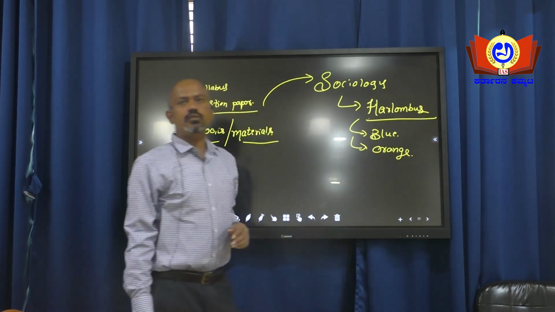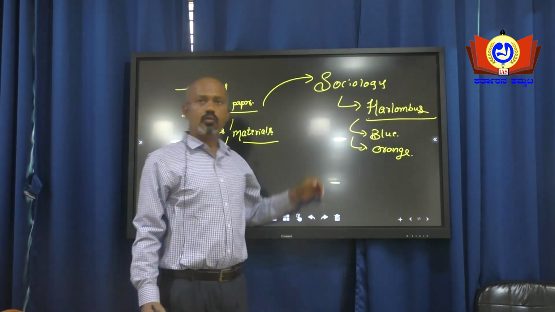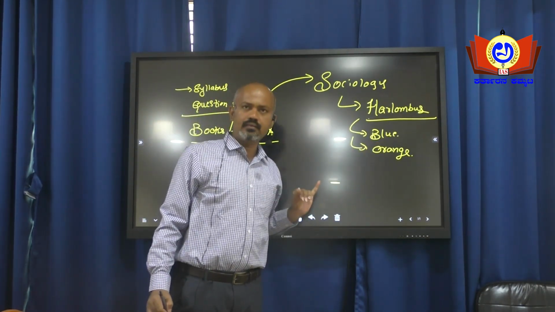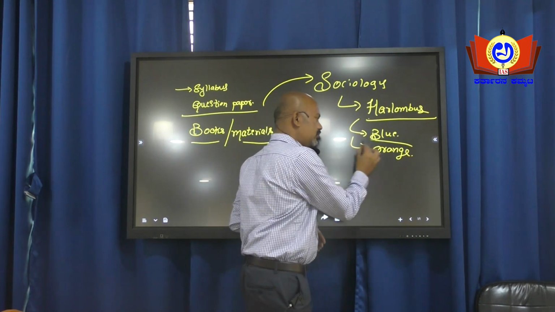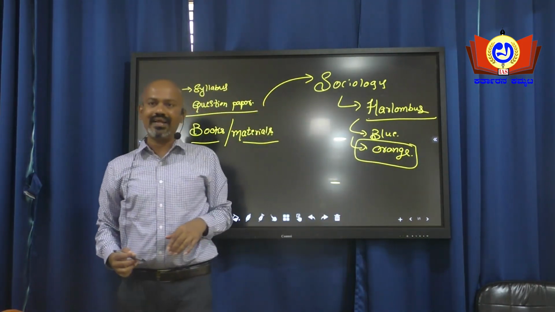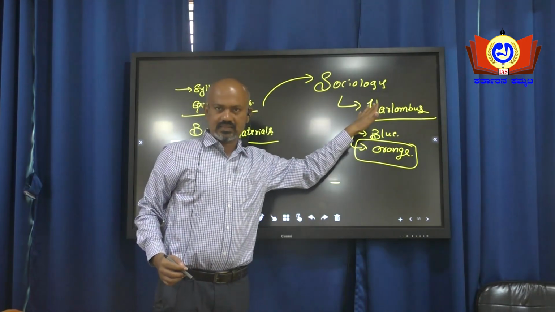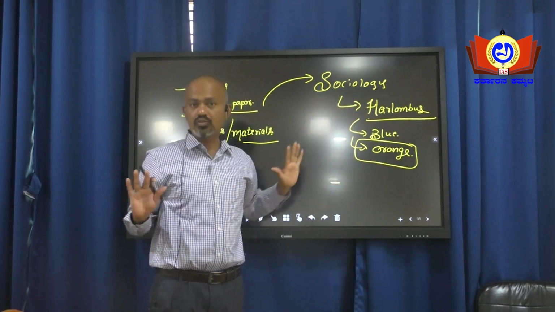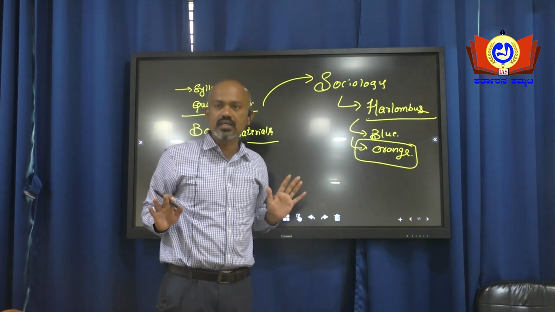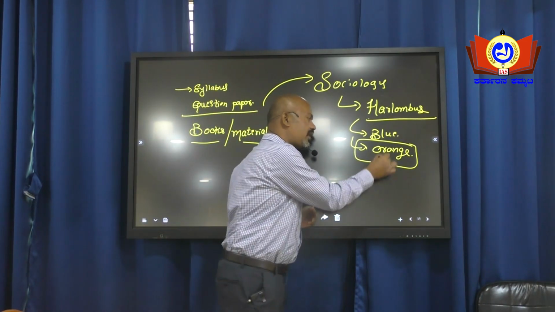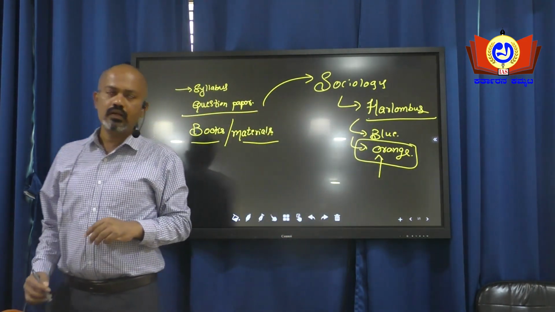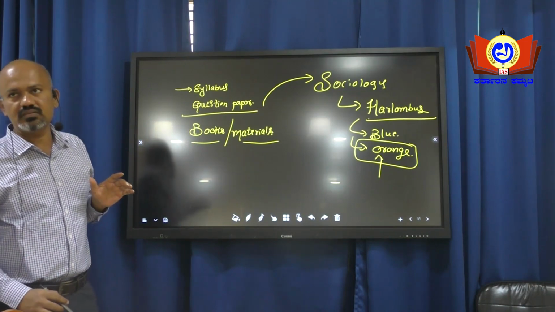The dilemma is which to buy. Both are okay, but I prefer orange because the orange book is written more in an Indian context, and the blue book is written more in a Western context. You can refer to either; it is not mandatory to take only orange, but I recommend the orange one. This is the first book, which is very important.